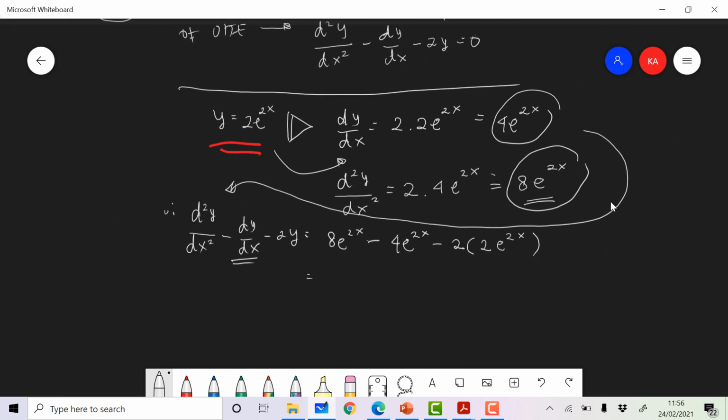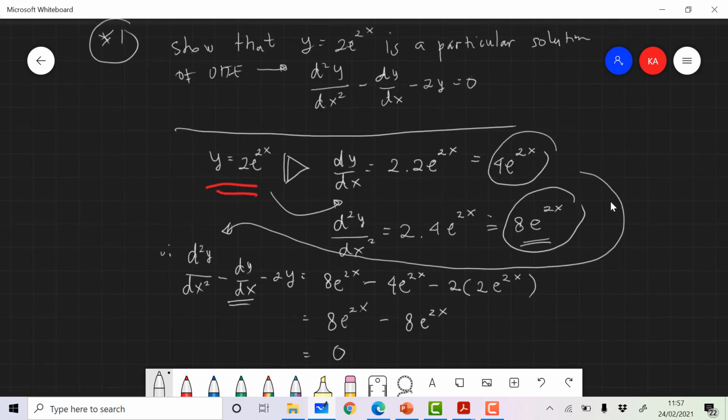So this is 8e^(2x) minus 8e^(2x), so it is equal to 0. So this is the solution for this exercise. This is one technique to solve it.